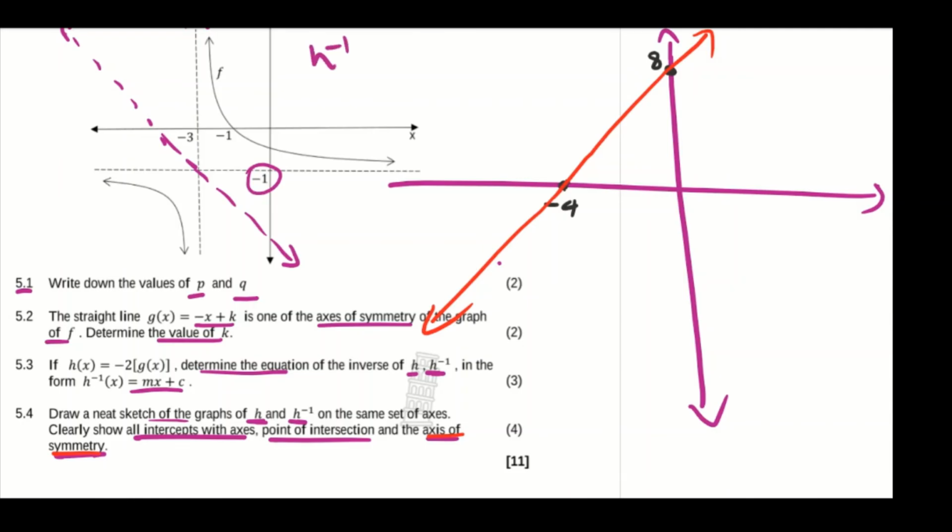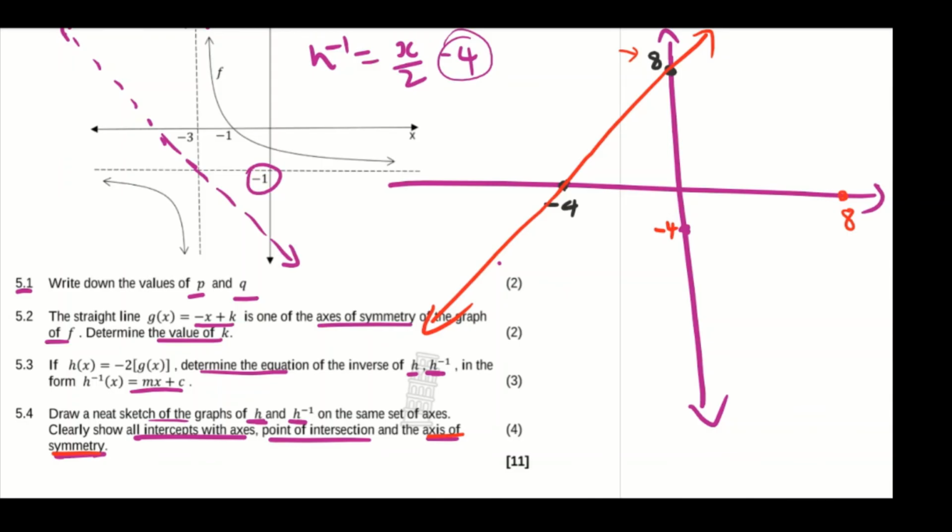So the inverse is equal to x over 2 minus 4, right? So our y-intercept is minus 4, it's somewhere here, right? So it's minus 4, right? And then obviously if this is 8, then our x would be 8, right? Remember, it's an inverse of h.